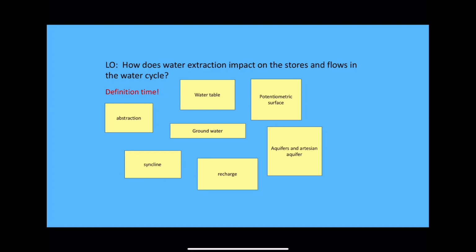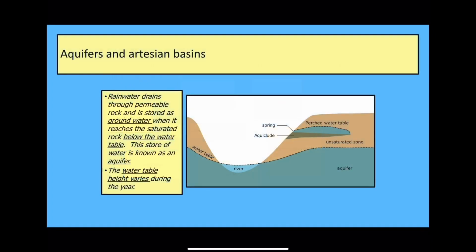Okay, so looking at aquifers and what are called artesian basins, we'll have a look at these. We've got the water table here. Below this point, the ground is saturated, full of water, and above this point it is dry.